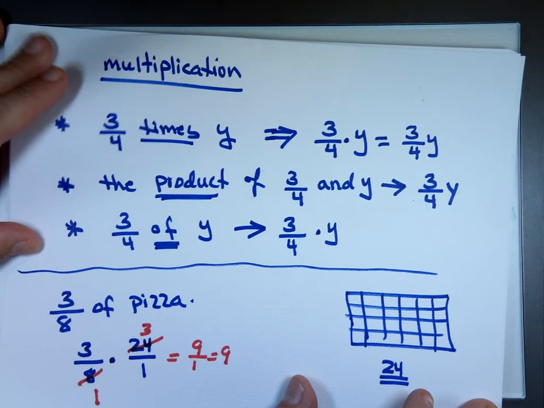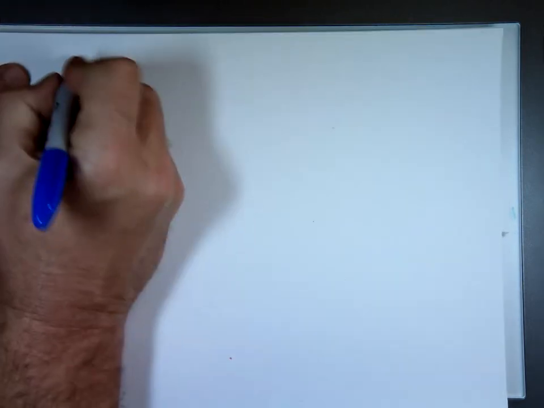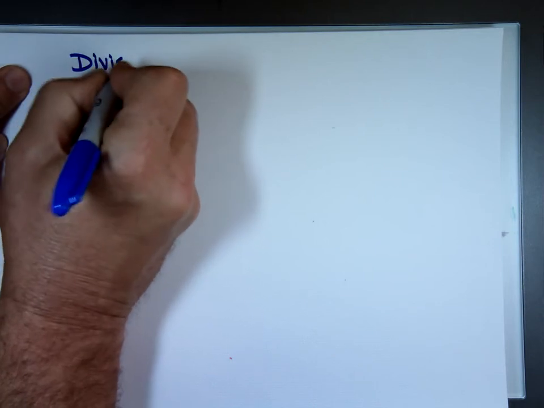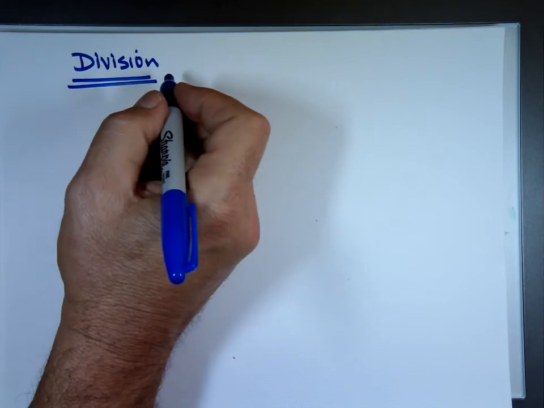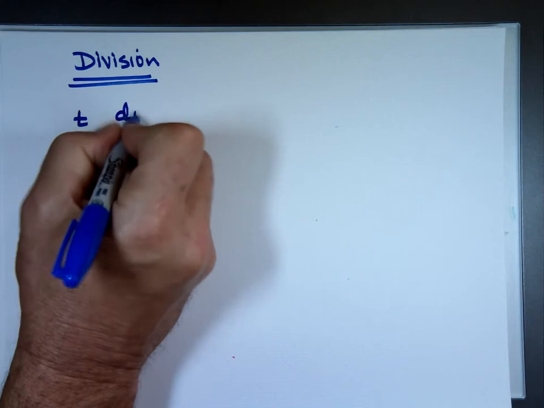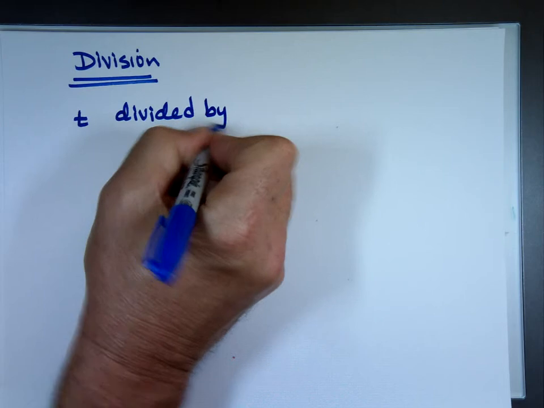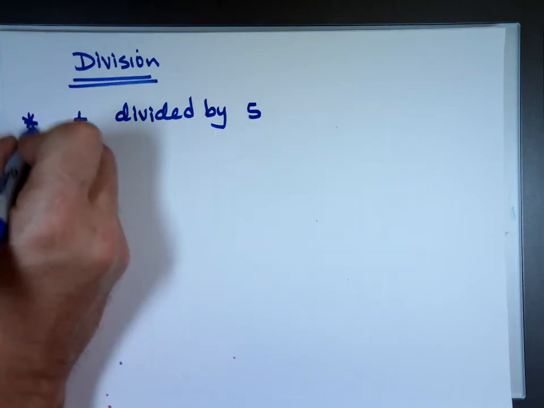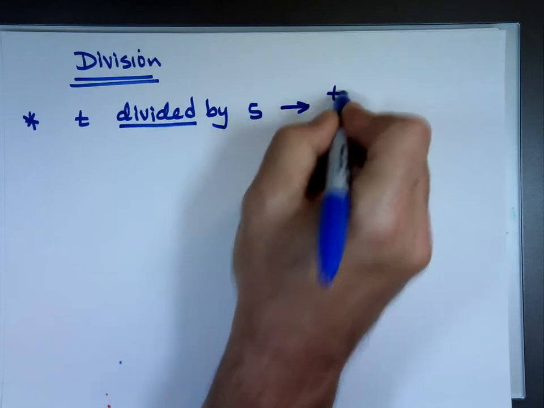And the last one is division. We'll give you the list of keywords to pay attention to. For division, we use t divided by 5. Divided by tells me it's t over 5.